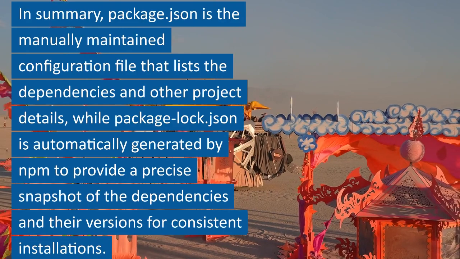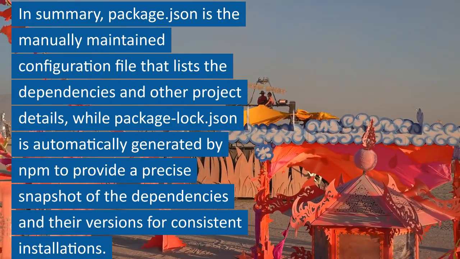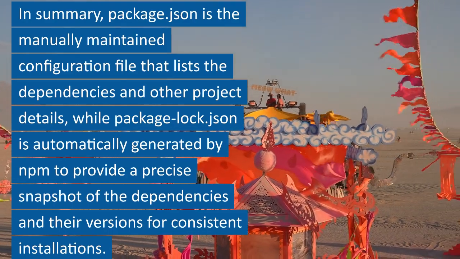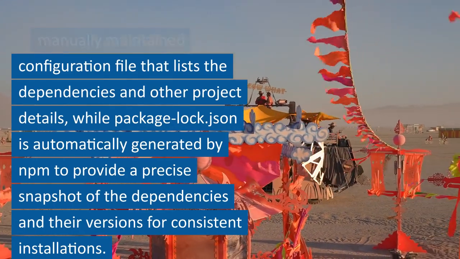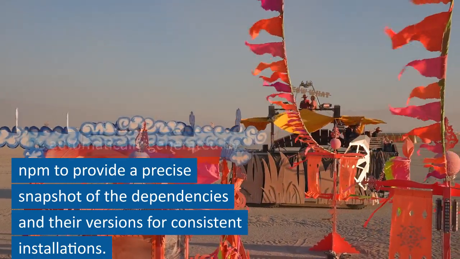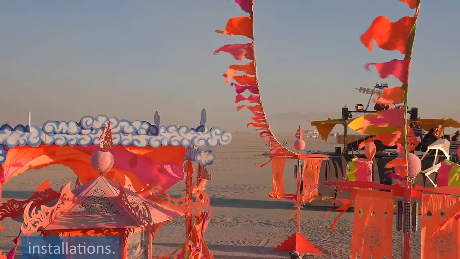In summary, Package.json is the manually maintained configuration file that lists the dependencies and other project details, while Package-lock.json is automatically generated by NPM to provide a precise snapshot of the dependencies and their versions for consistent installations.